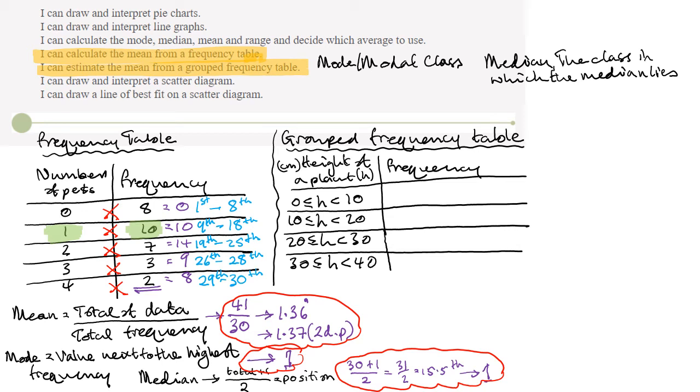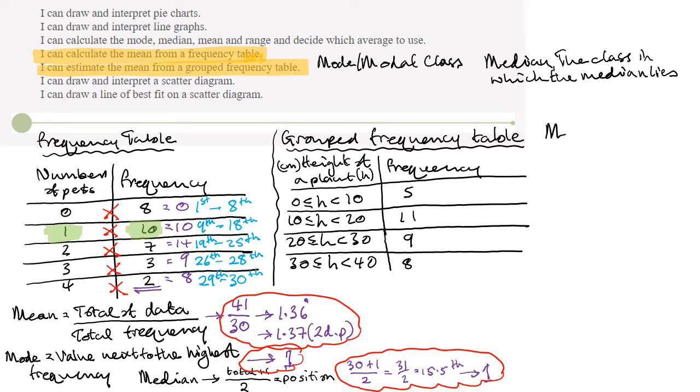So let's put some frequencies in. Let's say we've got 5, 11, 9, and 8. And if I want to find the mean, now how did we do the mean before?